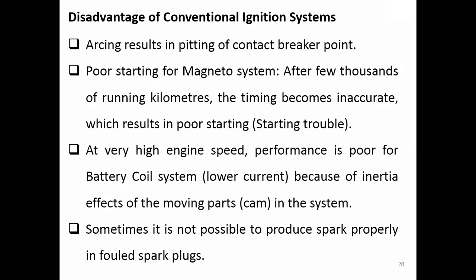Okay, so that's the first one. The second one is the poor starting of the magneto system, right? Because at the beginning, the engine speed is very low. When you start the engine, you see a low current supplied from the magneto system, which will give you a poor starting, right?